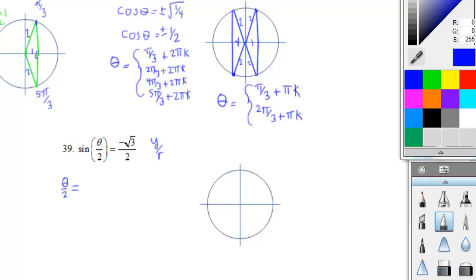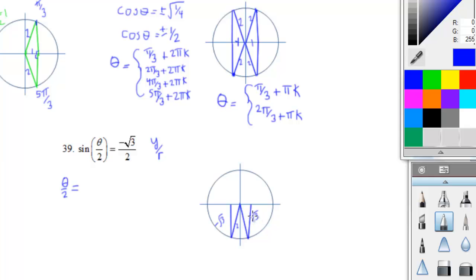And so that's going to be in the third and fourth quadrant with another tall 30, 60, 90 triangle. So this, it's a pretty skinny looking one, and this, so that this y side or vertical side is negative root 3 and the radius is 2.